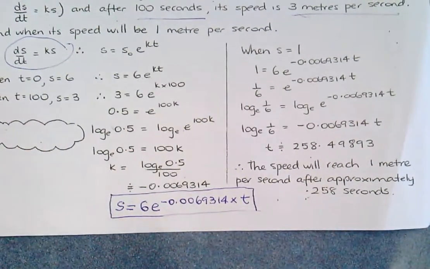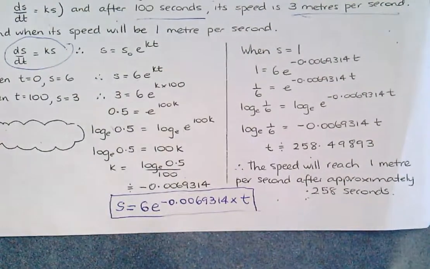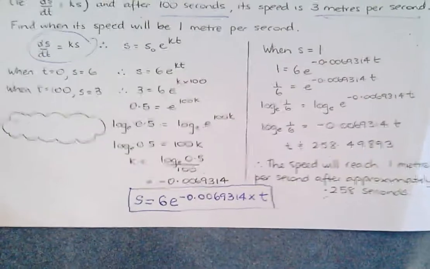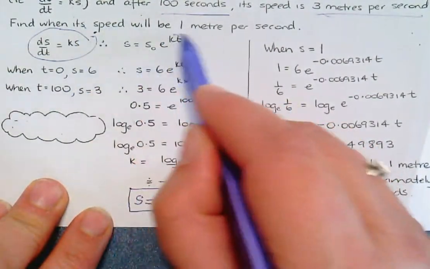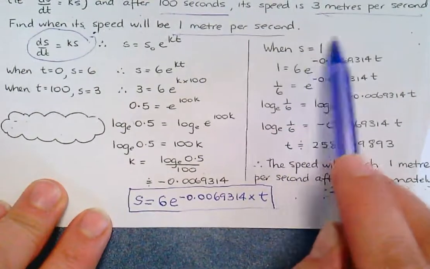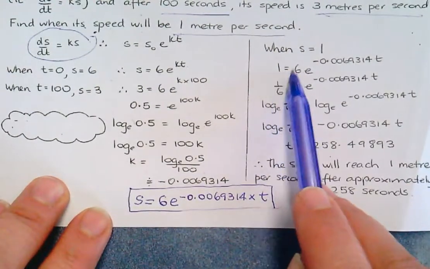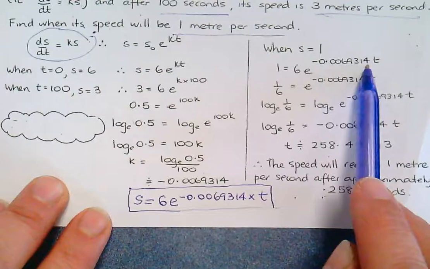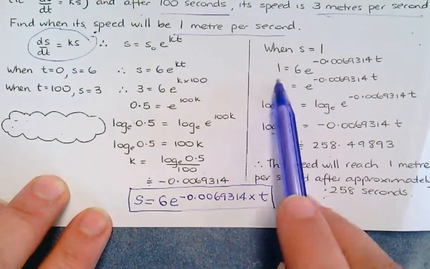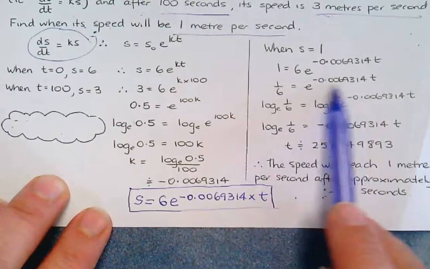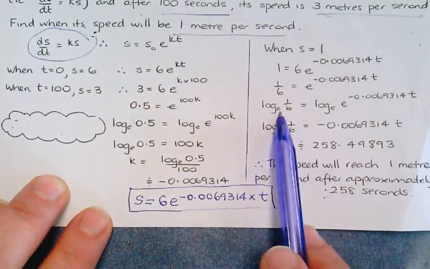Often the questions will say find s sub 0, find the value of k, hence find whatever. Now we can find when its speed is 1 metre per second. When s is 1, 1 equals 6e to the negative k value times t. Dividing by 6, 1 over 6 is e to the negative that value times t.